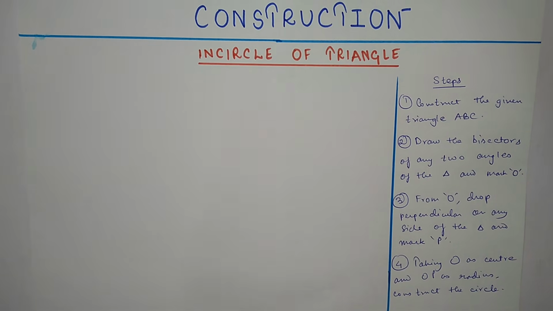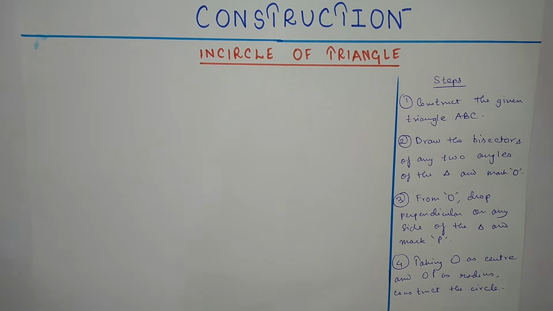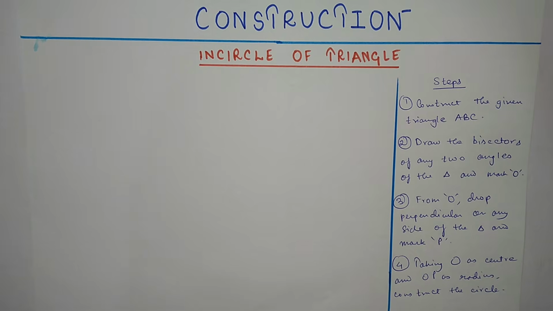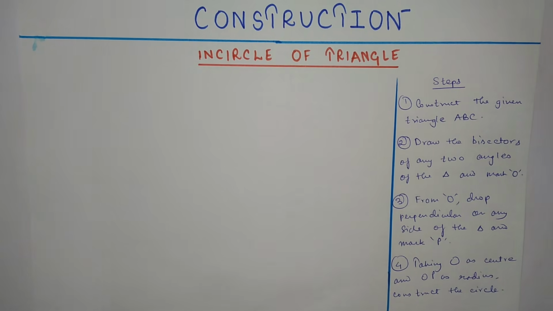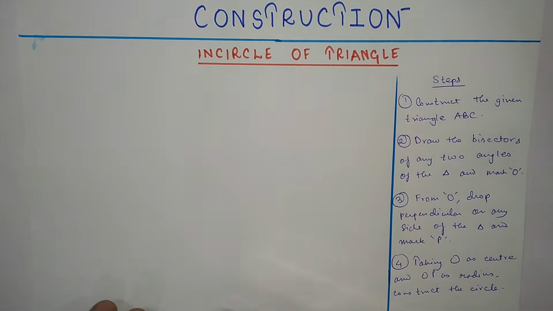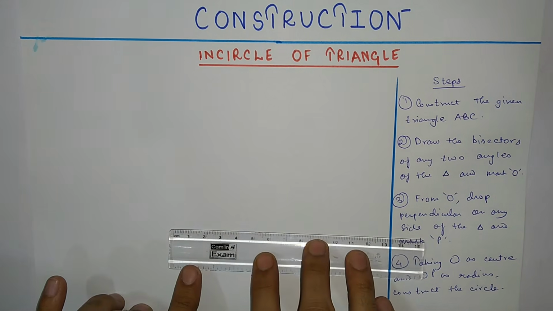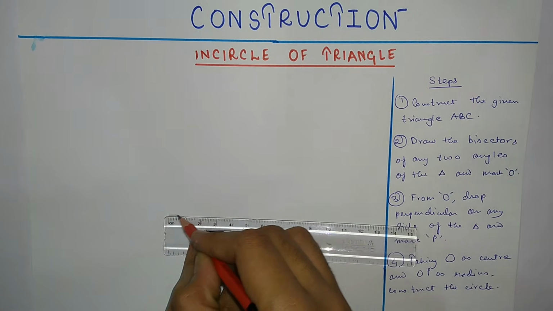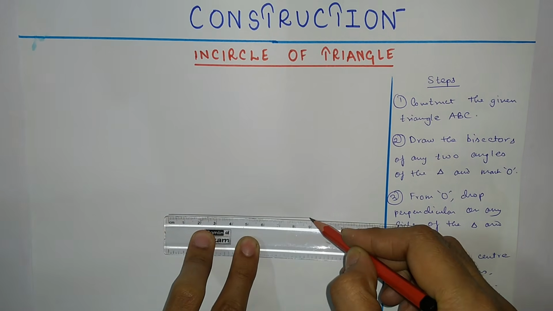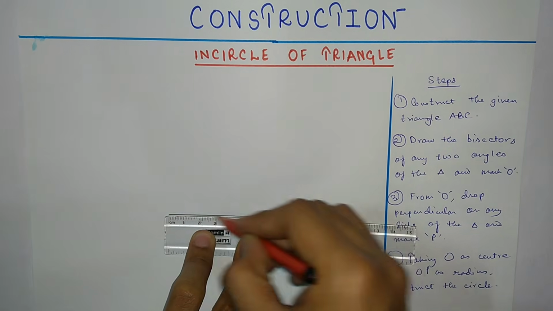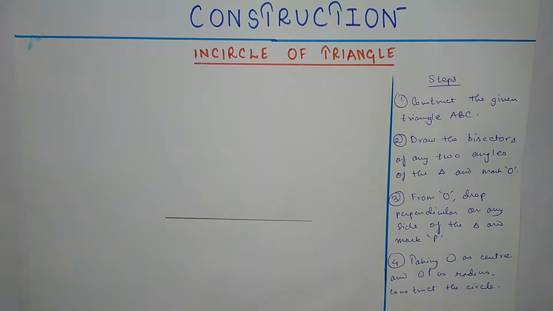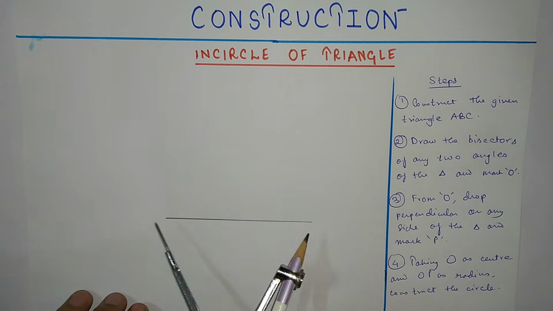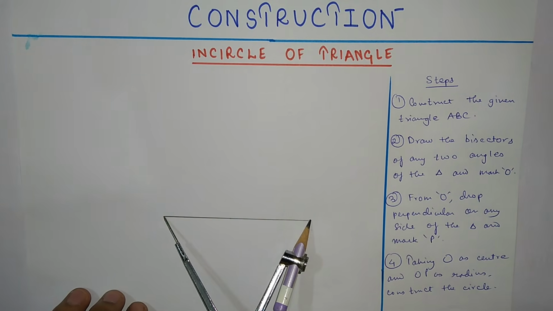Now remember one thing, incircle is a bit tougher than circumcircle. So go along with me and you will understand it. So I'll make an equilateral triangle of side 9 centimeter in this. Seven, 8 and this is 9. Okay, 9 centimeter. Compass. This is 9.